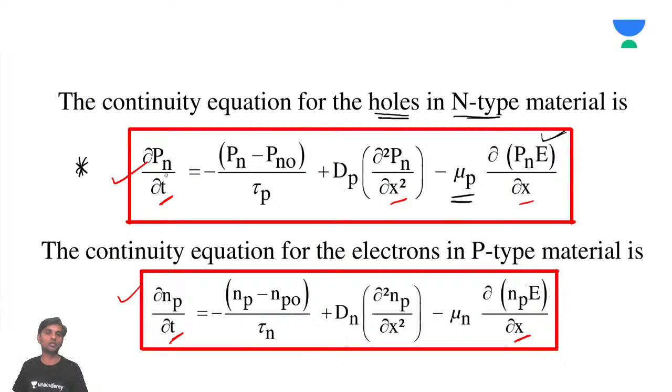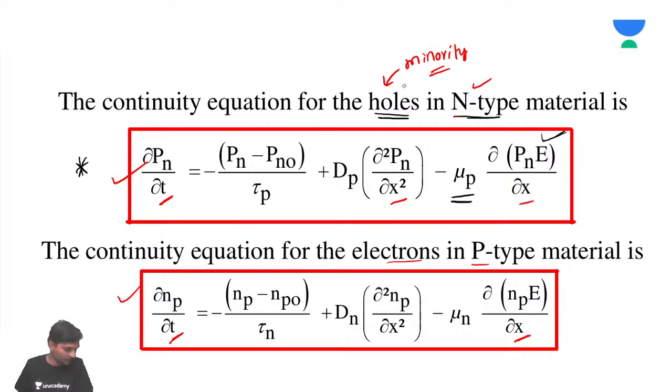So these are the two continuity equations: for holes in n-type, and for electrons in p-type. Sir, remember continuity equation is important. These are the minority charge carriers, minority charge carriers in n-type.